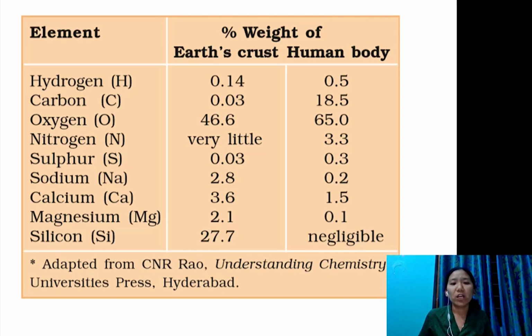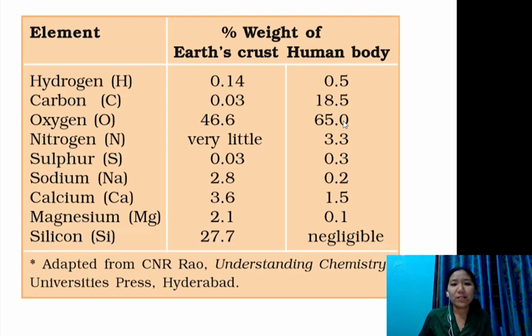Okay, so here the percentage weight is also shown. Now, if the same elemental analysis is done on a sample of Earth crust, we can find the same elements as found in living organisms. So what is the difference?